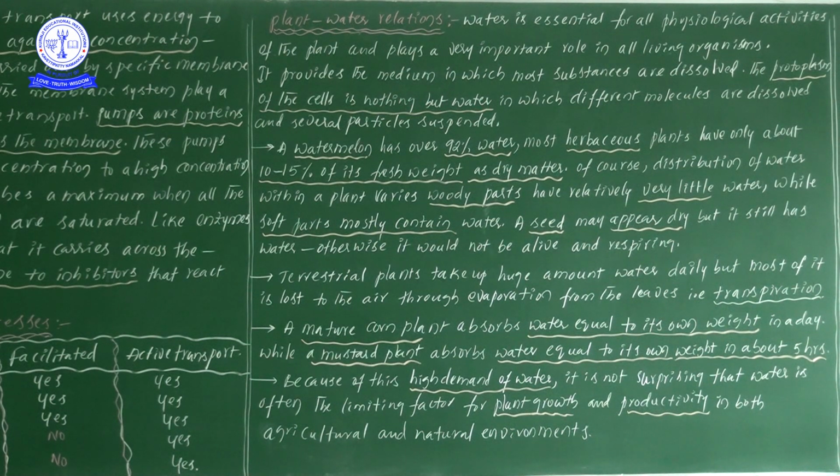It is water only. From a knowledge point of view, cytoplasm has 85 to 86% water. That's why we consider protoplasm as water in which different molecules are dissolved and several particles are suspended.